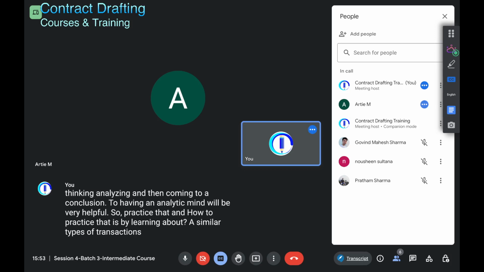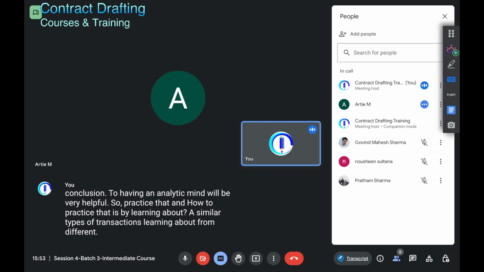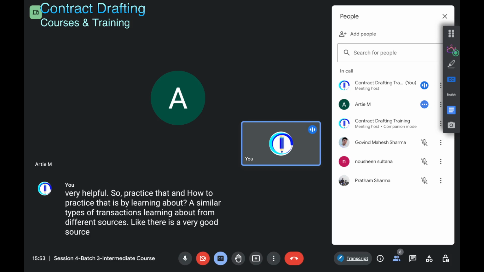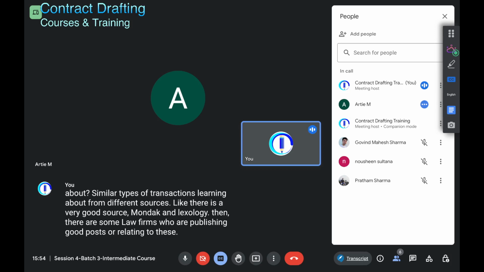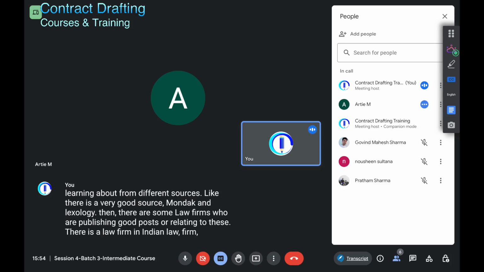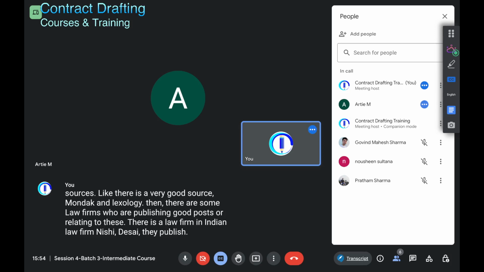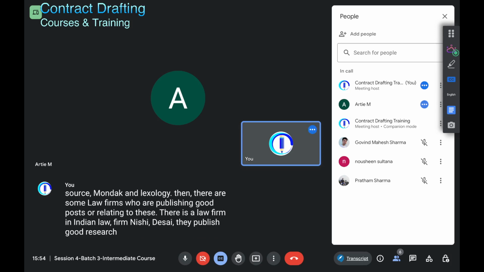different sources like there is a very good source, Mondaq and Lexology. Then there are some law firms who are publishing good posts relating to these. There is a law firm, Indian law firm, Nishith Desai. They publish good research papers on almost every larger issue. So they have a good one on damages.